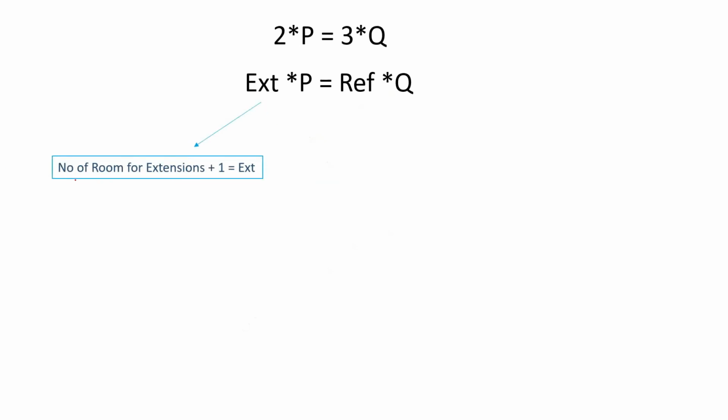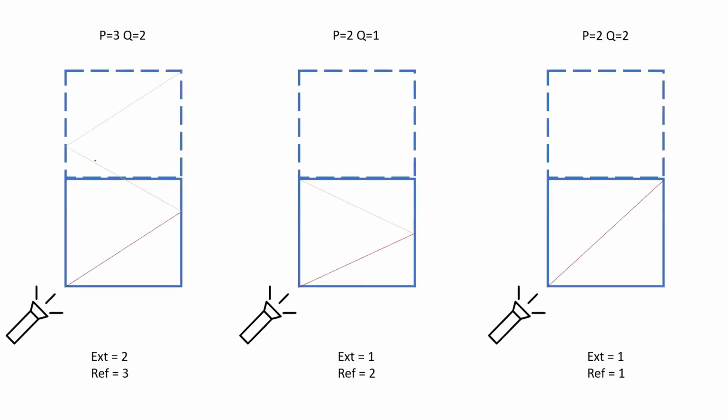This is nothing but the number of room extensions, the number of times we are extending the room. And reflection is the number of reflections happening. Our reflection is happening 2 times, so that's the number of reflections plus 1. So that's what the whole diagram was.